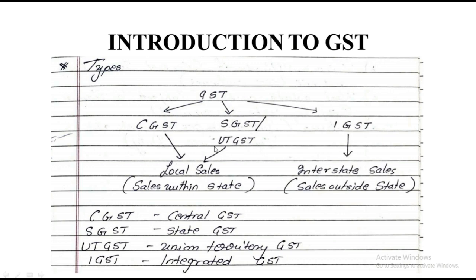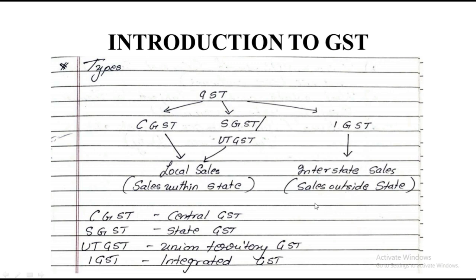But if the supplier is in Mumbai, which is part of Maharashtra, and the purchaser is in Goa, which is another state altogether, we'll have one GST known as Integrated GST, that is, interstate sales or sales outside the state.